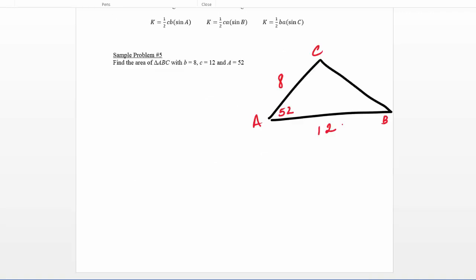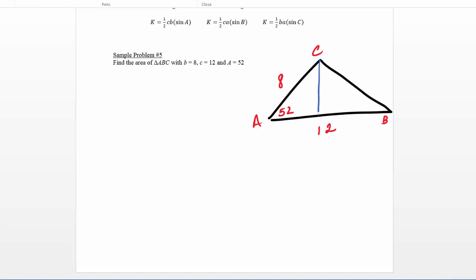Okay, so what I've done here to kind of just give you a little insight is I've drawn an actual triangle here with the given information. We have a side, an included angle, and a side. And we're asked to find the area. So here we have a base of 12, but we don't have a height.